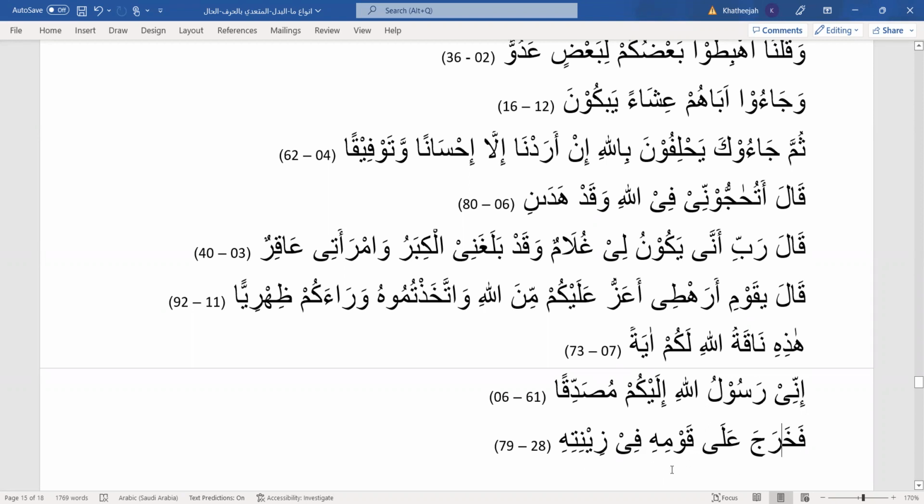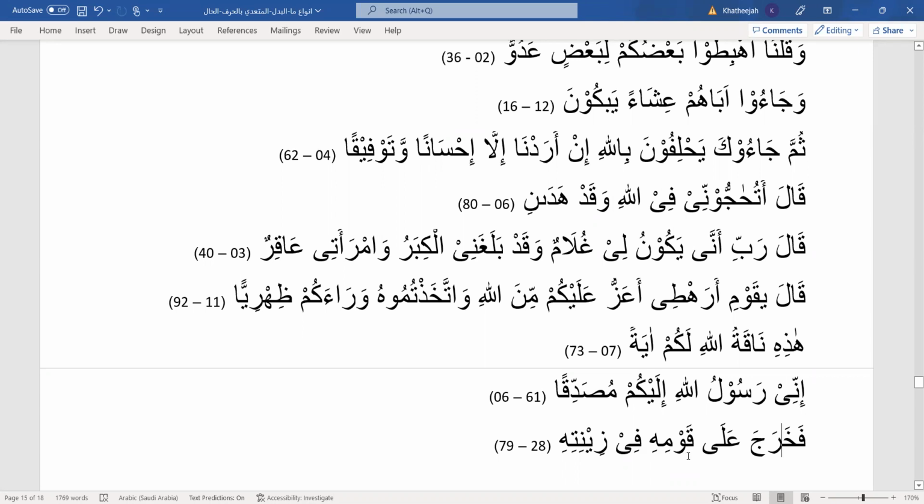Now you see qawmihi. Is this a proper noun or a common noun? It is a proper noun because he is proper. In mudaf mudaf ilayhi, when mudaf ilayhi is proper, then mudaf is proper also.